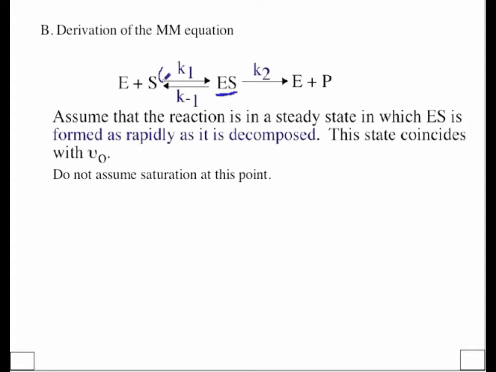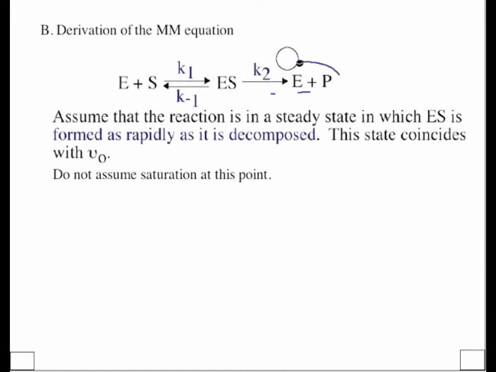Just this reaction. It's made by just that reaction. Now it's decomposed in two reactions, right? So it's decomposed in this reaction and in this one, right? So we can set those then as an equality.